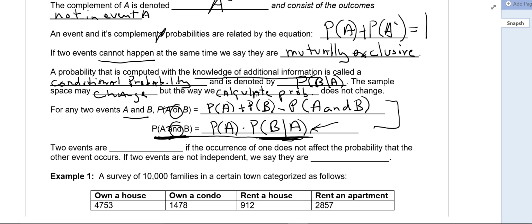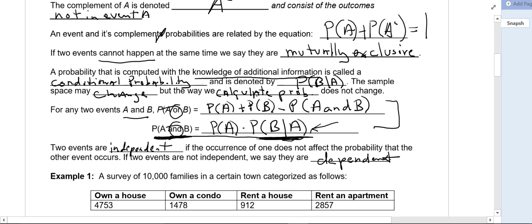All right, moving on. Two events are independent if the occurrence of one does not affect the probability the other one occurs. They're independent means they have no influence on the other one. If two events are not independent, we say they are, well, dependent. Okay? So, independence means they have no effect on one another.